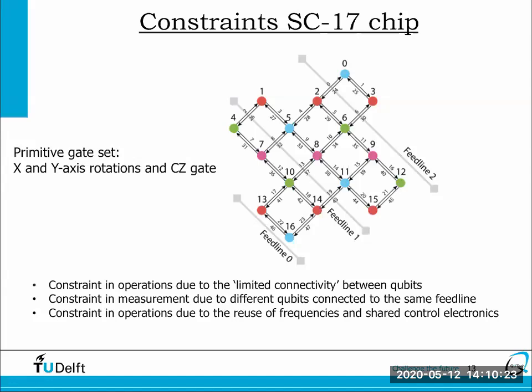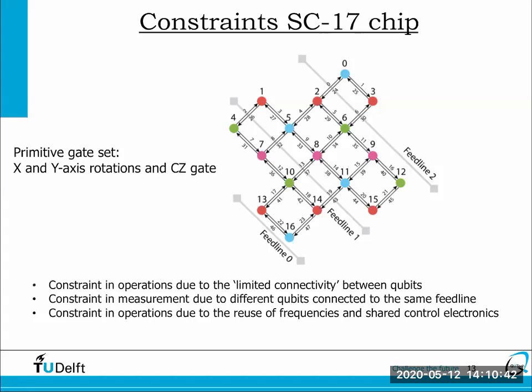That imposes some restrictions when you want to parallelize your operations. And there are other constraints about the reuse of frequency and the use of shared control electronics that also limit what operations can be performed in parallel.